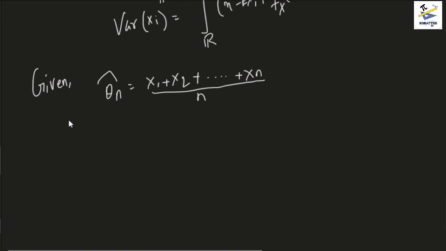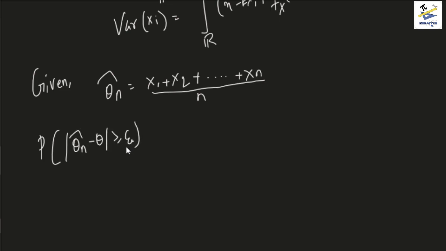So therefore we need to show the following. The probability that absolute value of theta n cap minus theta is greater than or equal to epsilon is equal to... what we see here is that they have a common PDF and can be treated as equals.